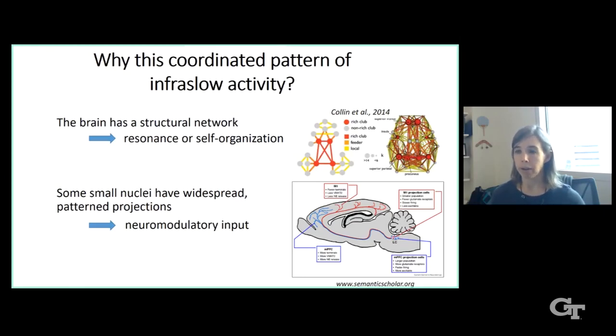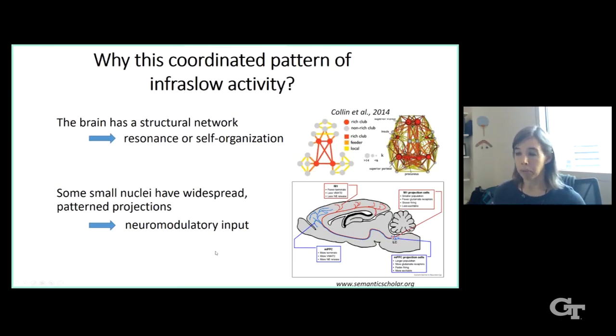So we were trying to understand why this might be, and we came up with 2 ideas. The first is that we know the brain has a structural network, right? Any given neuron is connected to another neuron through its axon and the dendrites. So we have this structural network underlying all of this information. And so maybe we've got a sort of resonance or something of that network.